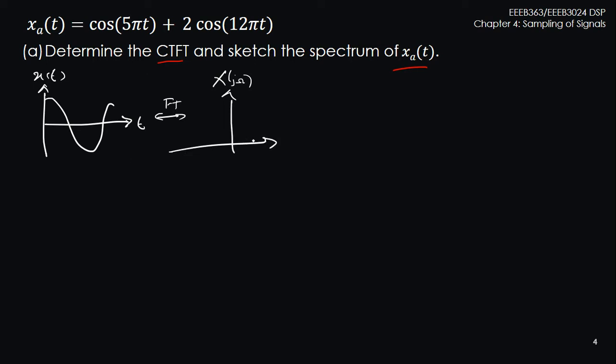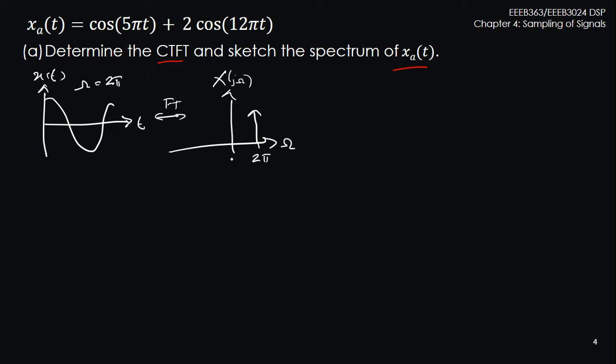of a pulse. Okay, but where is this pulse located? This pulse should be located wherever the frequency of this signal is. If this signal has a frequency of 2 pi, for example, then this pulse will be located at 2 pi.